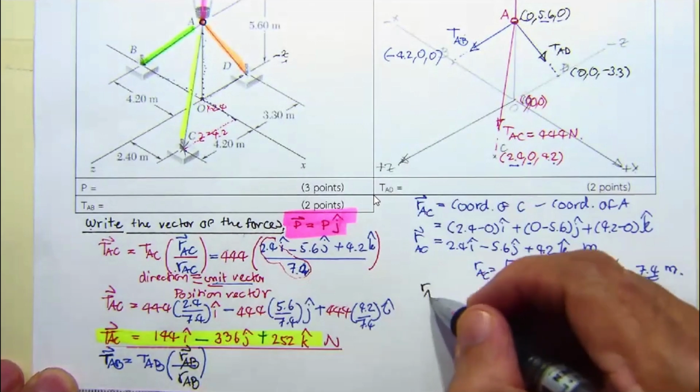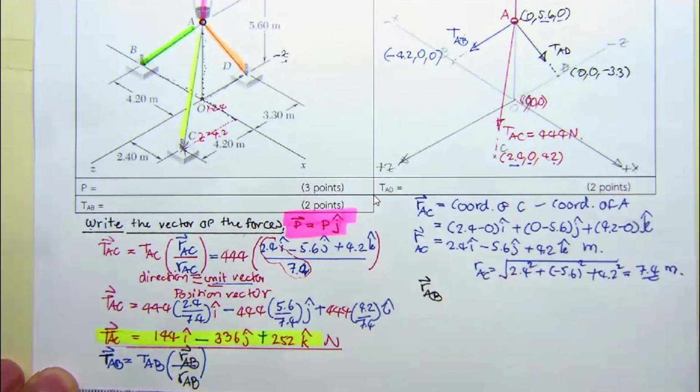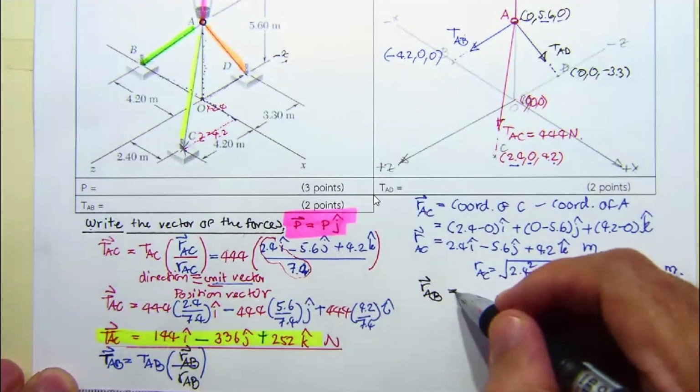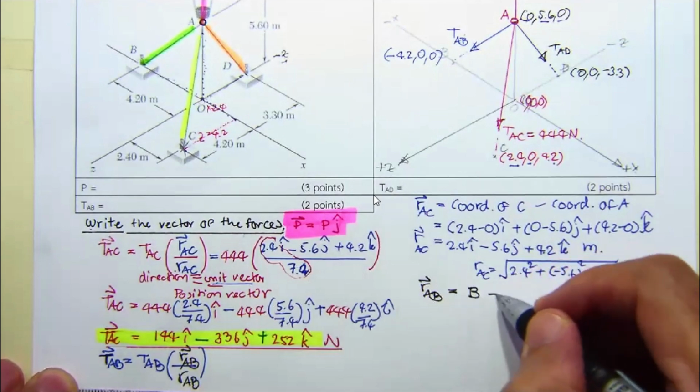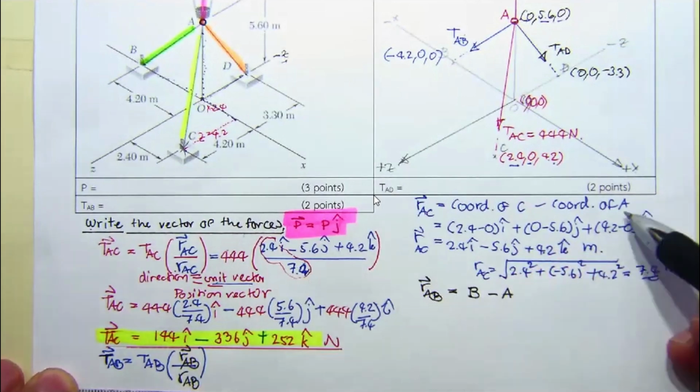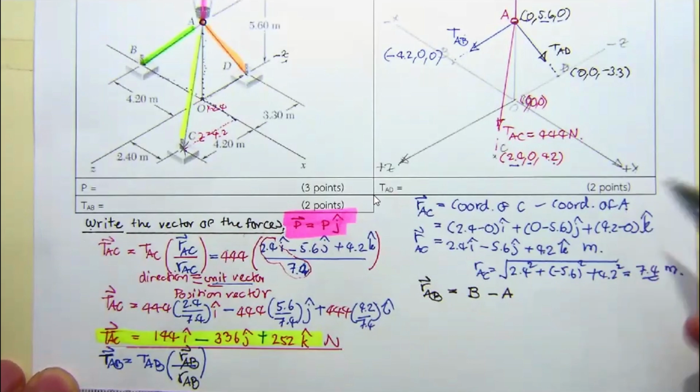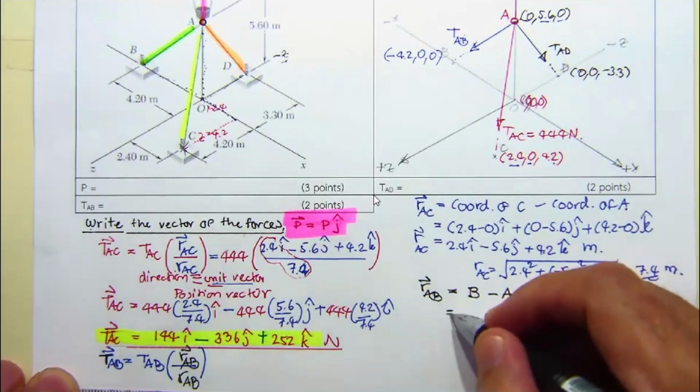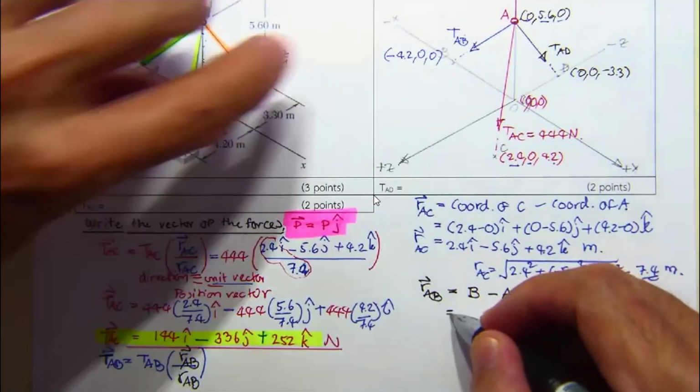Now, what's going to be r sub AB? It's going to be B minus A. So if you like, you should put it like this, or just in short, B minus A. And then what do you get? That's going to be B minus A. Don't forget that.